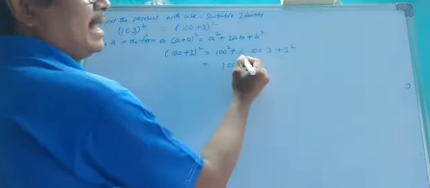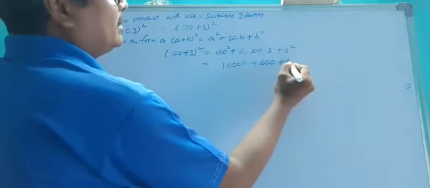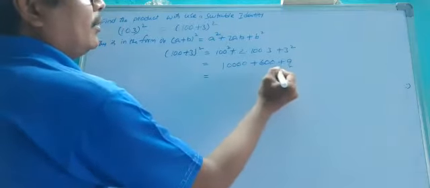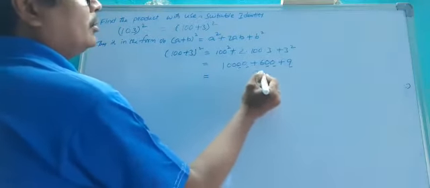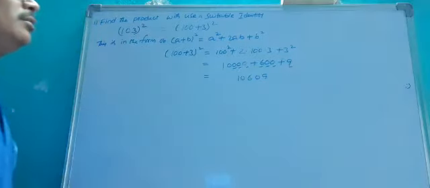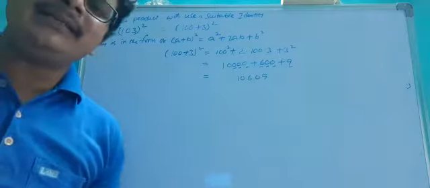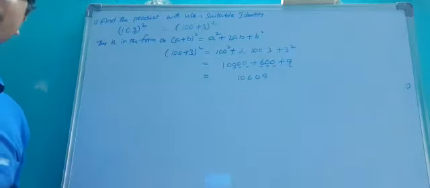And 2 threes are 6, 6 into 100 is 600, plus 3 square means 9. Adding, 10,609 is the answer with the help of this identity.